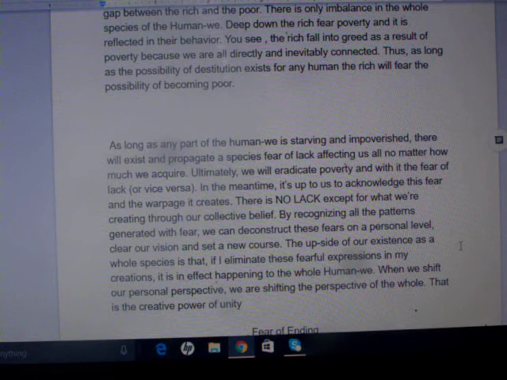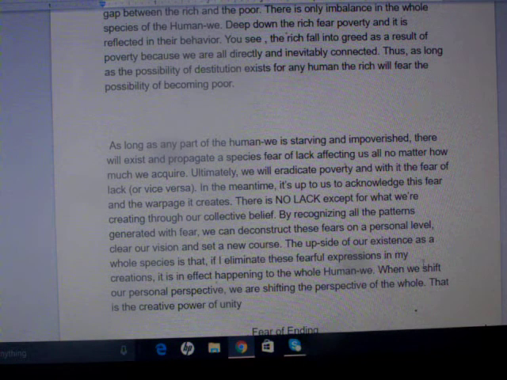The upside of our existence as a whole species is that if I eliminate these fearful expressions in my creations, it is in effect happening to the whole human we. When we shift our personal perspective, we are shifting the perspective of the whole. That is the creative power of unity.